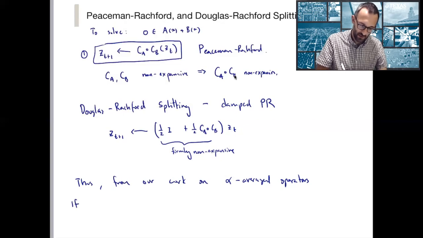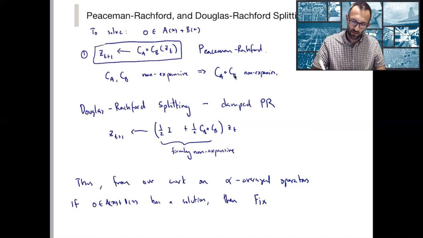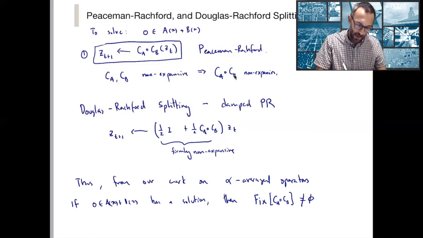So if 0 is in Ax plus Bx, if this generalized equation has a solution, then the set of fixed points of C_A composed with C_B is non-empty, and we know therefore that z_t is going to converge to this set of fixed points.